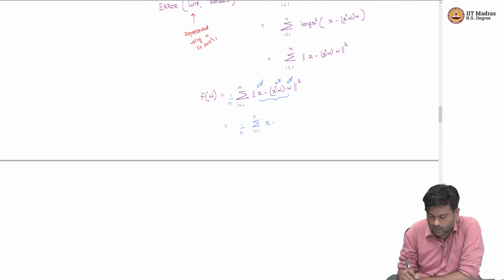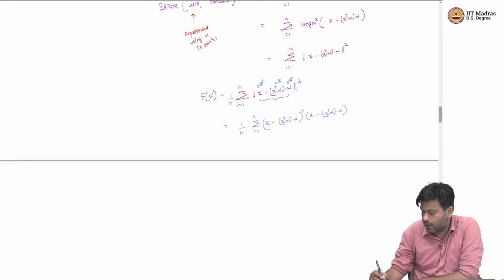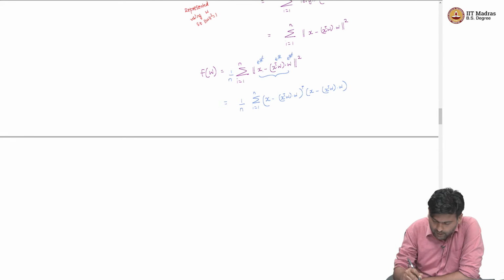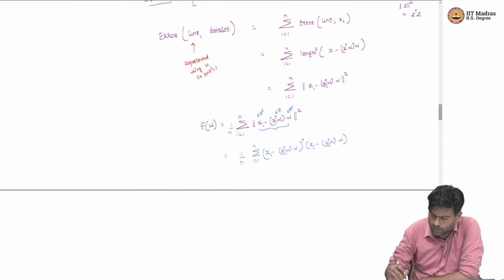So, I can write this as (x minus x transpose w into w) transpose times (x minus x transpose w into w). Well, I should write xi everywhere where I use i, sorry about that, because this is the ith data point, xi.